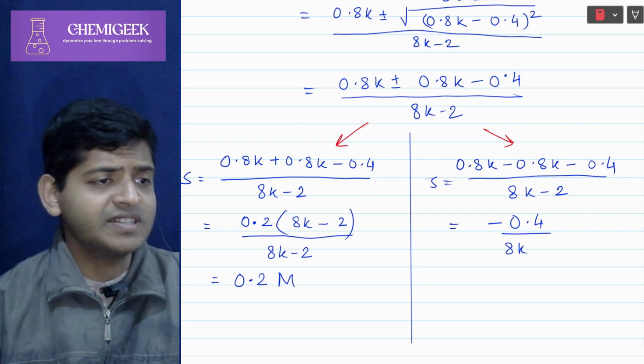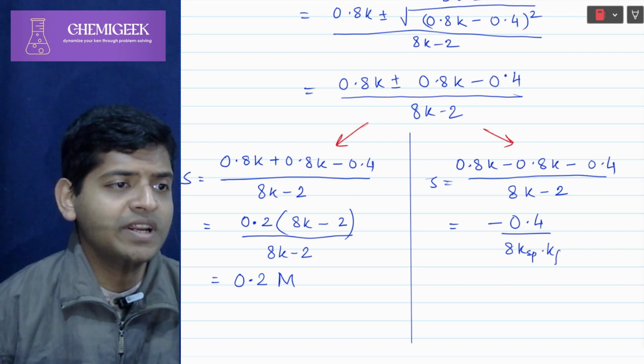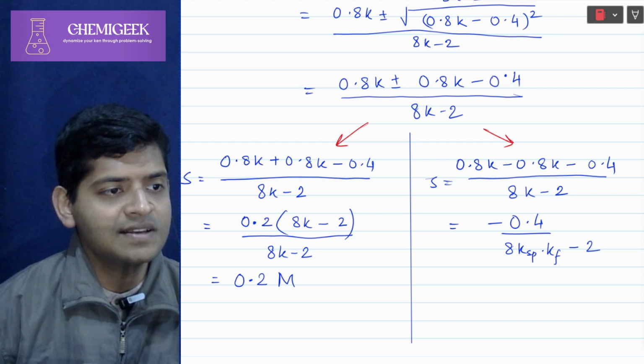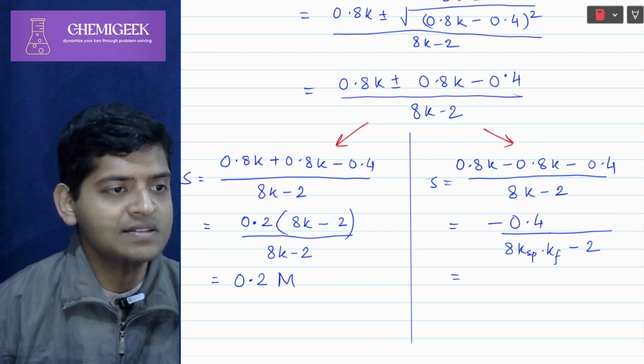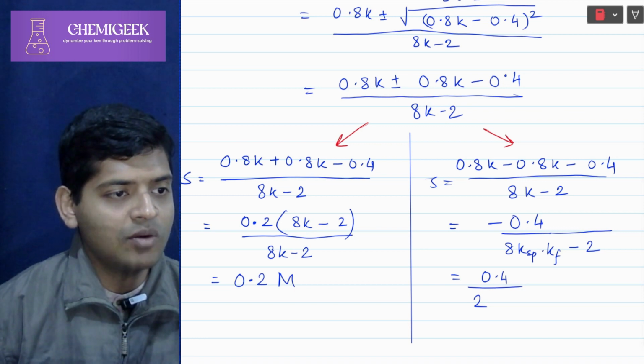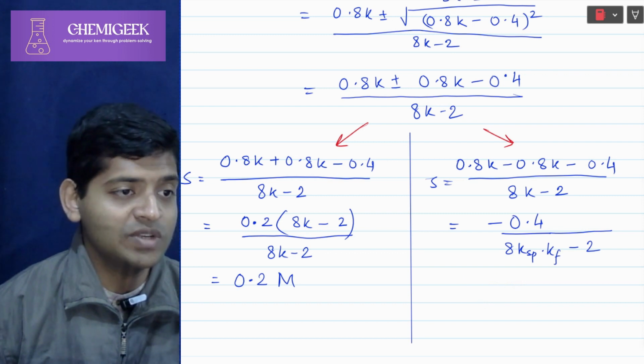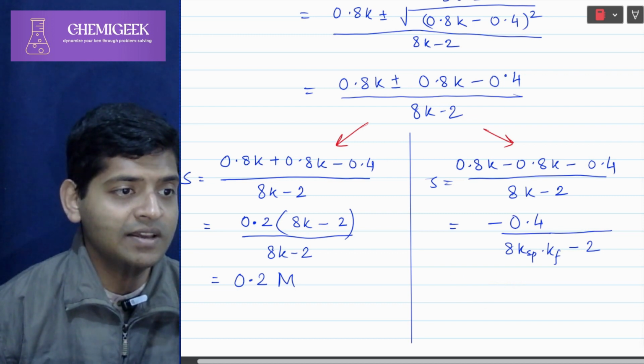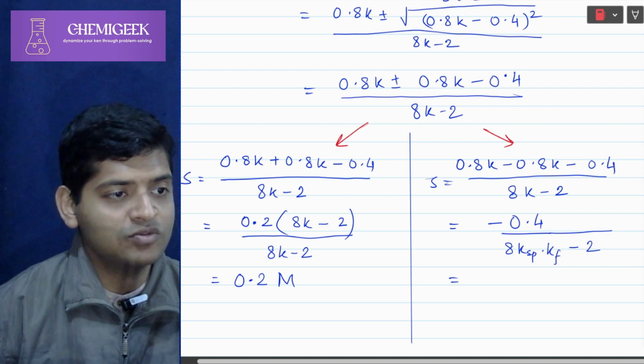On the right hand side, if we see, 0.8K and 0.8K cancel and we get minus 0.4 divided by 8K minus 2. Now we can write it as KSP into KF, which was actually the meaning of capital K, minus 2.